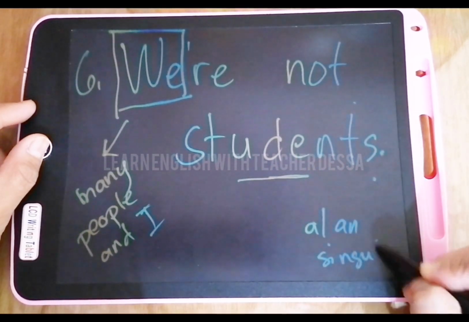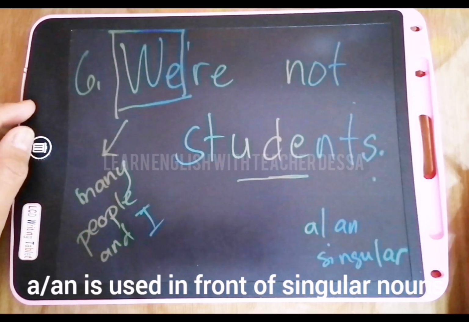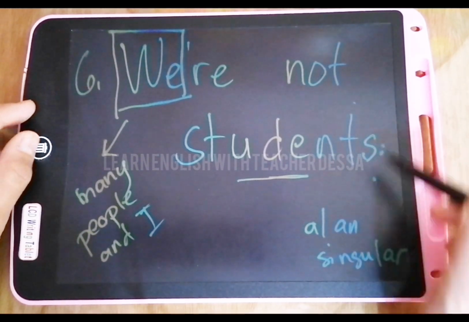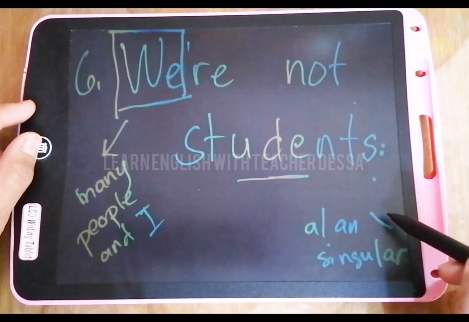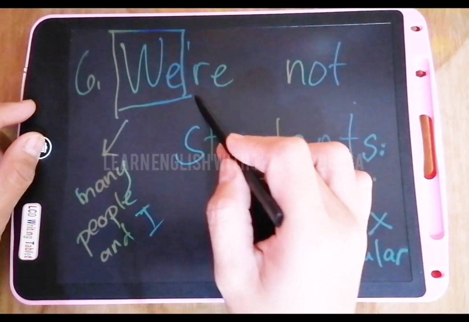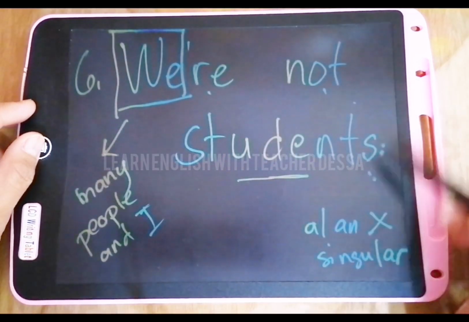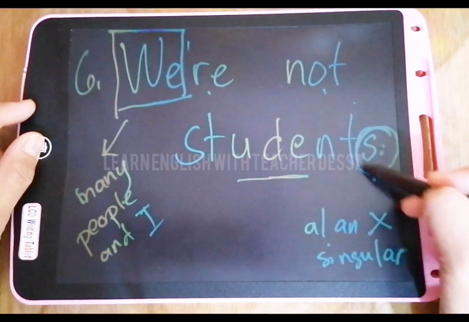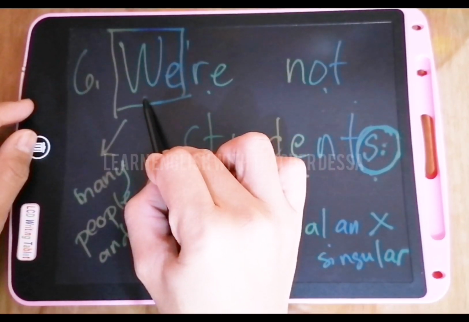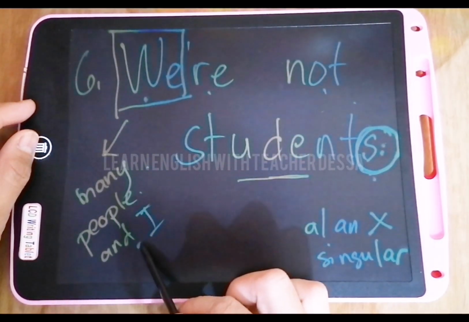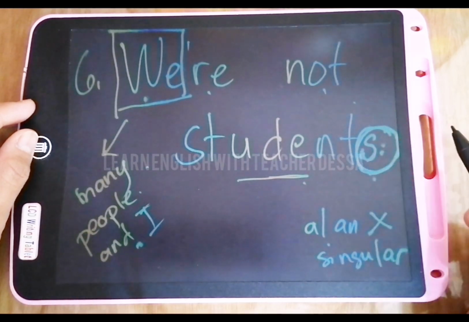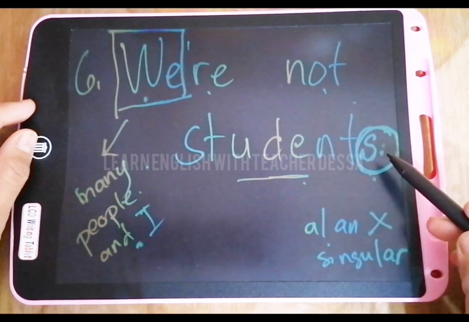But in this case, we are talking about many students. So we don't use a or an. So here, we're not students. As you can see, we put s here because we use the subjective pronoun we. That means many people and I. So the noun should carry an s to show that it's plural or to show that they are many.